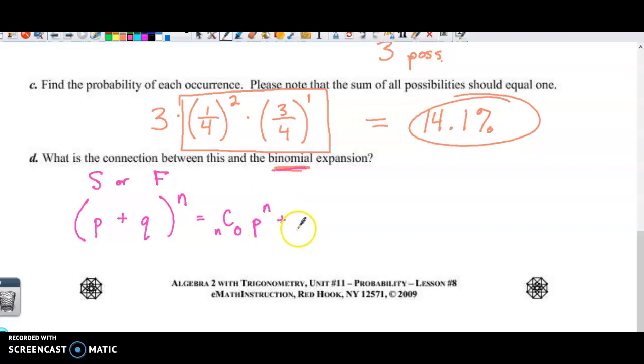And then the next one would be nC1, because you want all of them to be successes except for one failure. So that's why you would do P to the n-1 power, because you want all but one to be a success, times Q to the first power. And so on, all the way until you get to nCn of all the failures being an option.